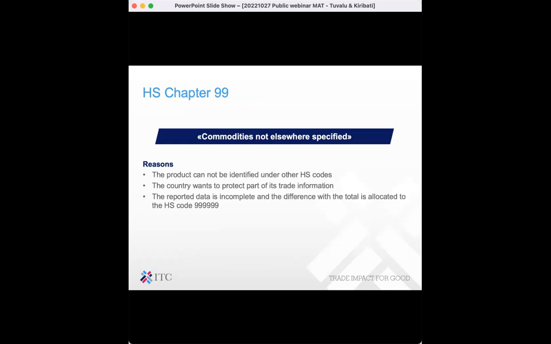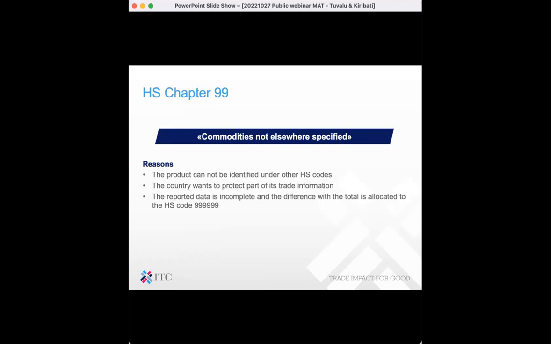There is also a chapter 99. This is the chapter that includes everything that cannot be defined under any other code. Sometimes this one is used by countries if they do not want to disclose specific information. For example, a country that exports planes often only has one company that is exporting these planes.